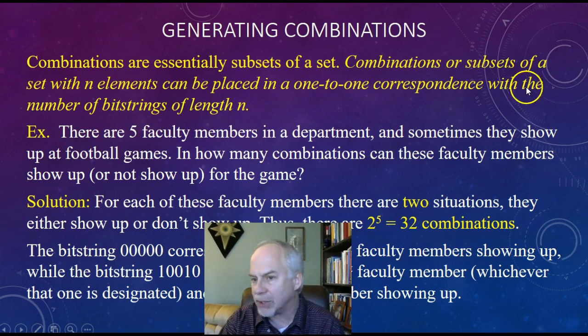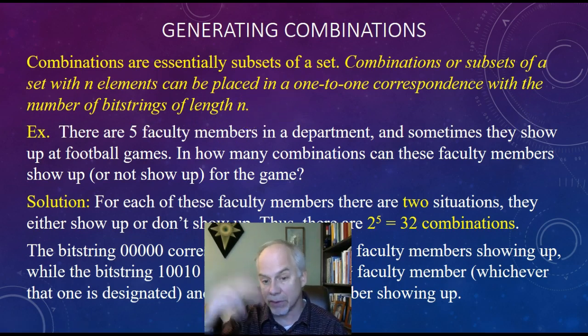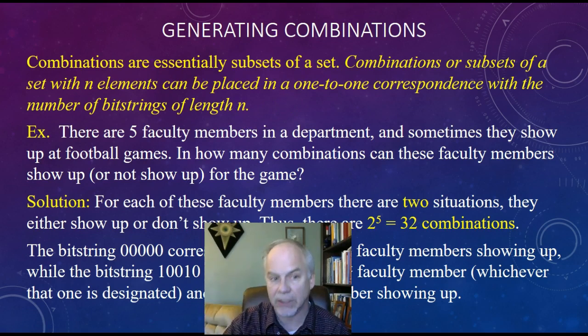Okay, so combinations or subsets of a set with n elements can be placed in a one-to-one correspondence with the number of bit strings of length n. Because a bit string, you can only have a 1 or a 0. There's always 2 options in there, just like with subsets.